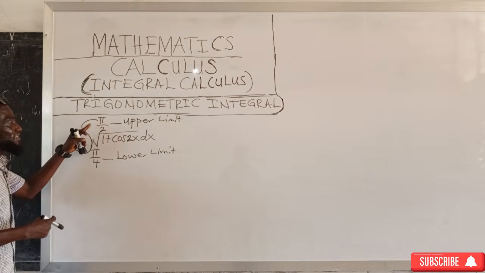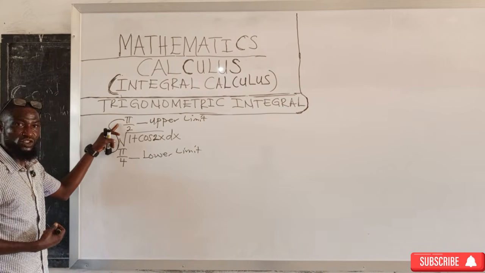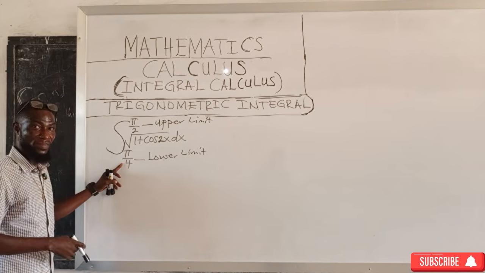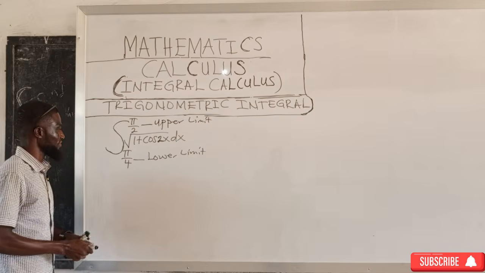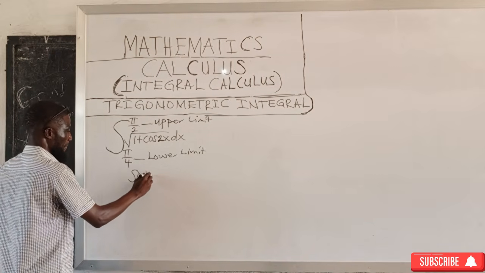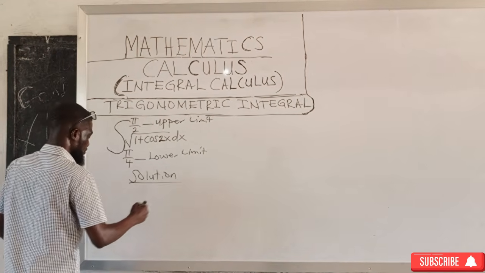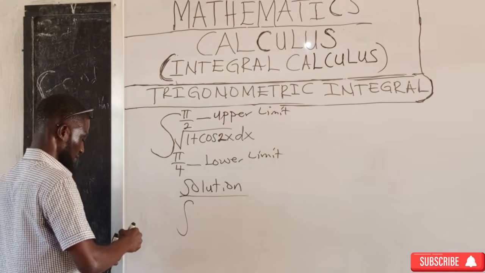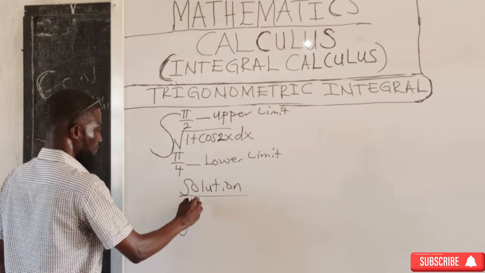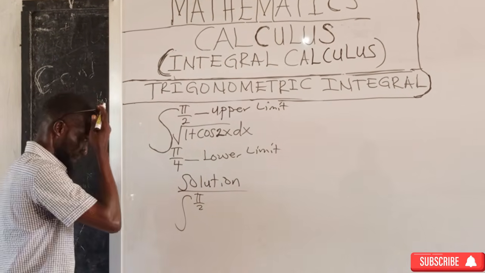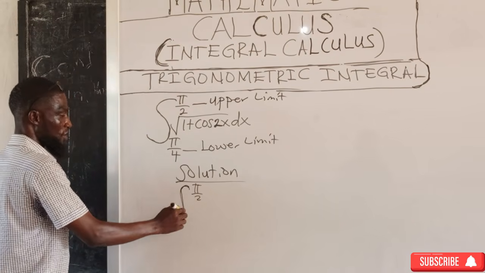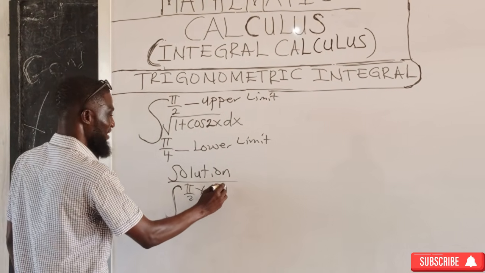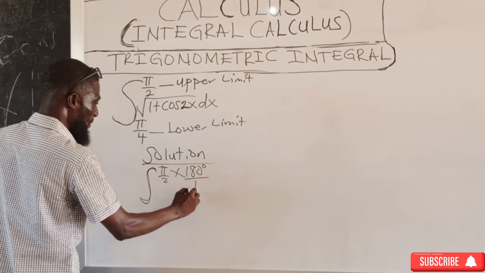We will be changing the upper limit, pi over 2, to degree measure. At the same time, we'll be changing the lower limit, pi over 4, to degree measure. So we see the solution. To change pi over 2 to degree measure, we multiply by 180 degrees all over pi.